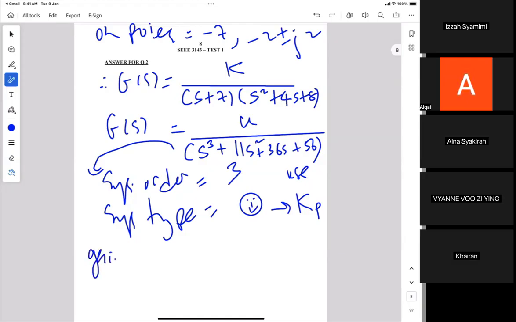How do you calculate gain K at the dominant poles? Aina Shakira?